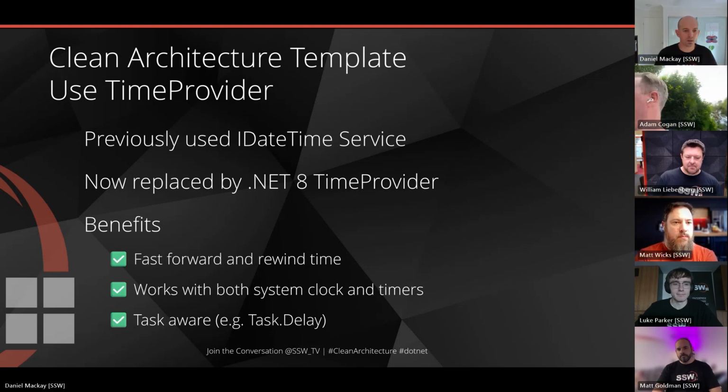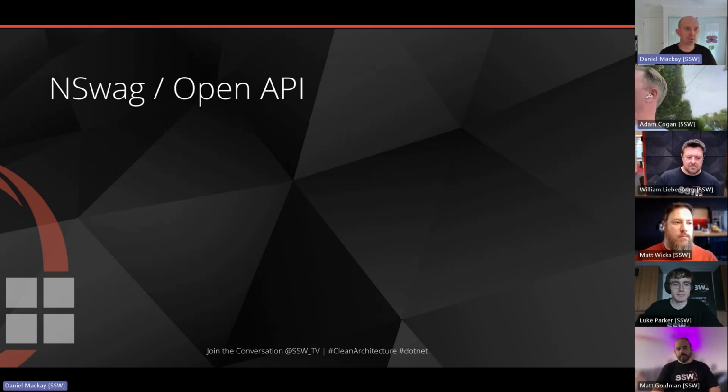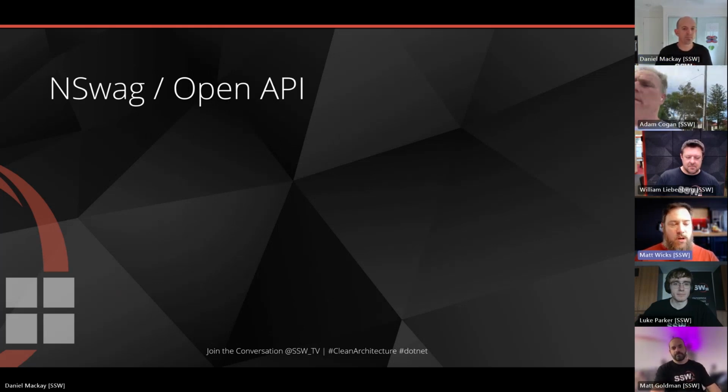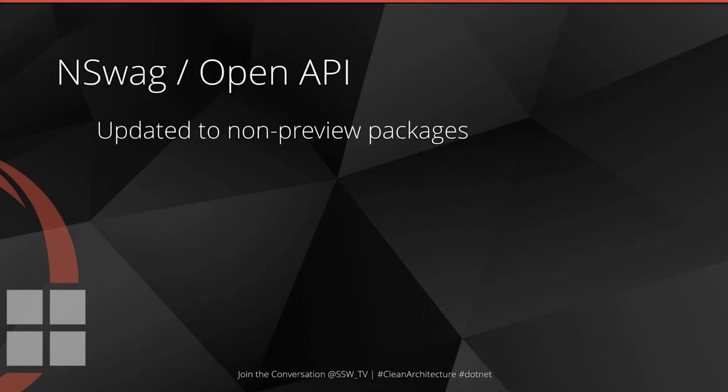Yep. Cool. All right, let's move on to the next change. Matt, do you want to take us through this one? Yeah, so we had a look at how we're generating our OpenAPI spec, because if you look at the Microsoft examples, they use Swashbuckle. We were using NSwag. We did a bit of a review, and it's a bit unfortunate because the maintainer of Swashbuckle has been burnt by the open source community and doesn't have enough time to contribute to the project.